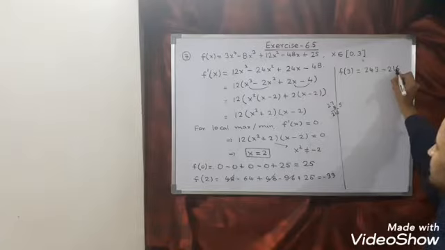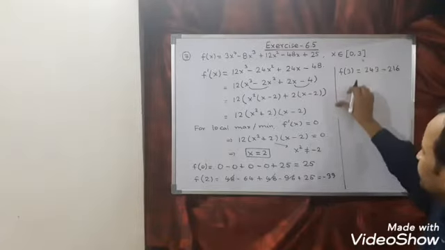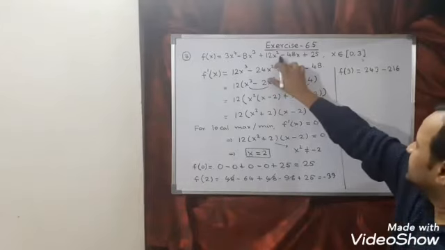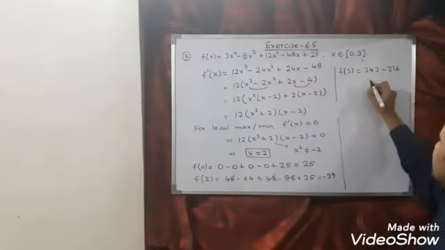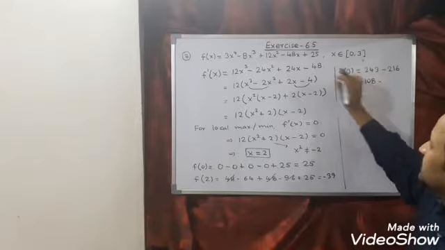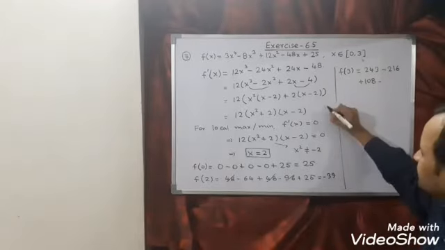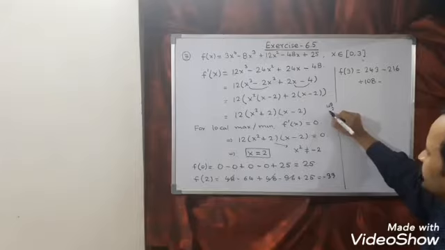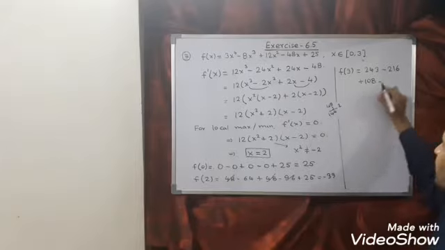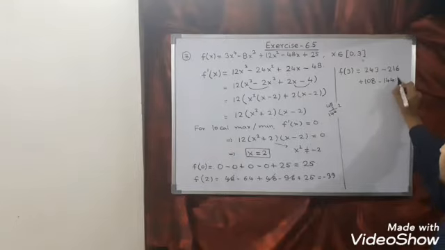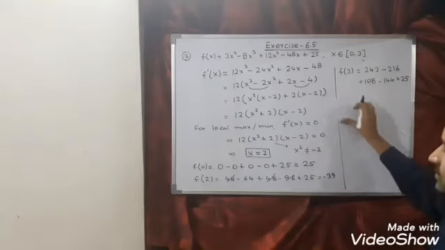Right. Next, 3 3s are 9 and 12 9s are, I think 108 will come, minus 48 into 3, calculate. So 144 will come, plus 25. So calculate this value.